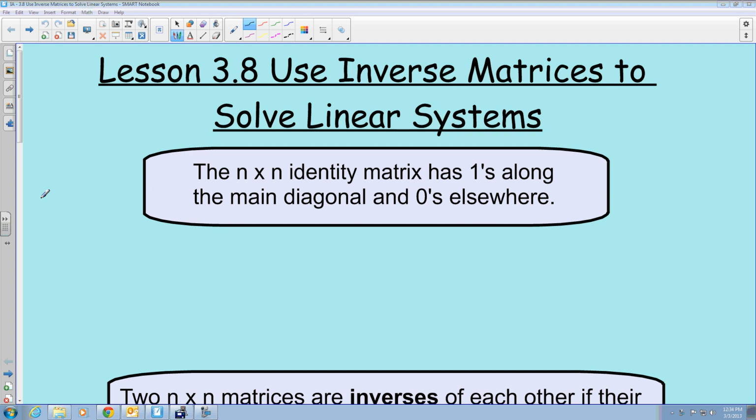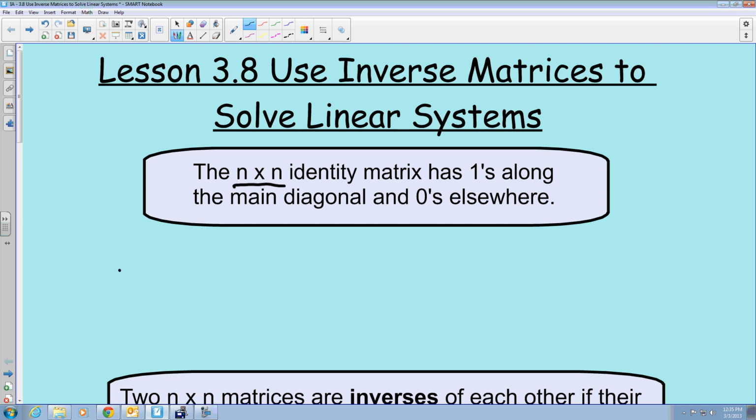First thing that I want to go over before we start solving for inverses of matrices is to talk about the identity matrix. The identity matrix is, if we say we have a matrix n by n, which is a square matrix, we have ones along what is called the main diagonal and zeros elsewhere.